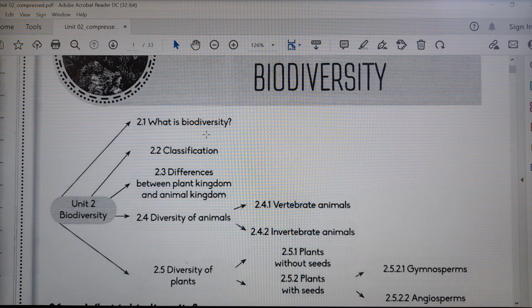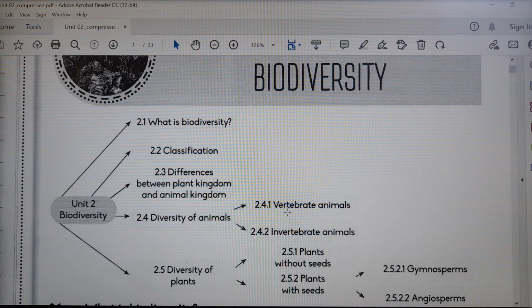We are going to learn what is biodiversity, the classification of biodiversity, and the differences between plant kingdom and animal kingdom. Then we are going to learn about the diversity of animals, which will cover the vertebrate animals and the invertebrate animals.